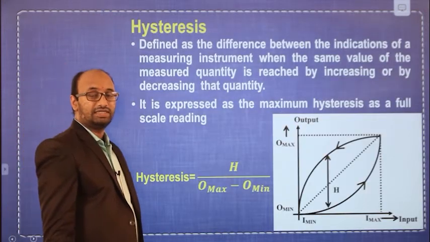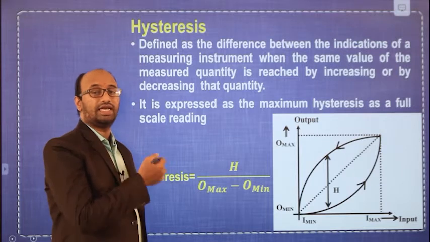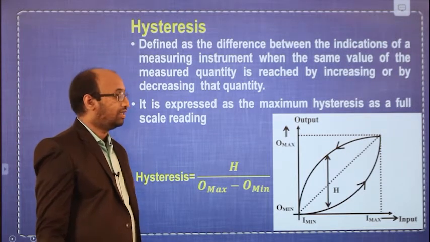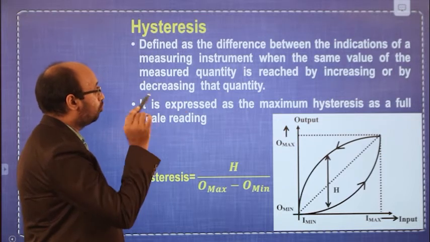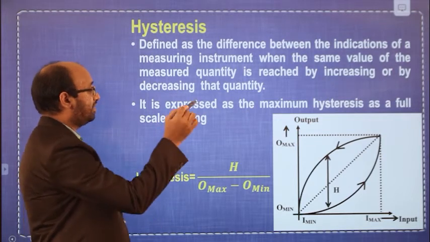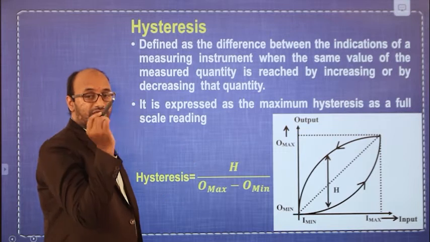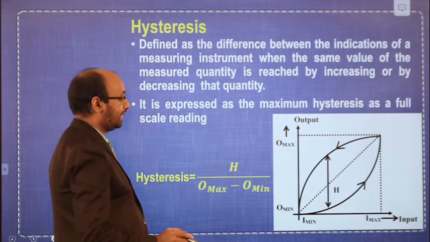Next one is hysteresis, and this is again an undesirable static characteristic, defined as the difference in the output when the input quantity being measured approaches in the opposite direction. Let us understand this with the characteristic.